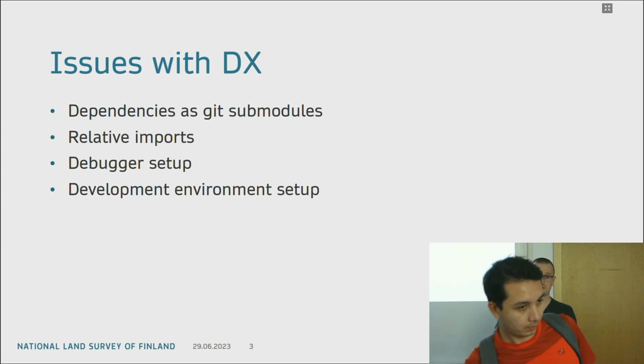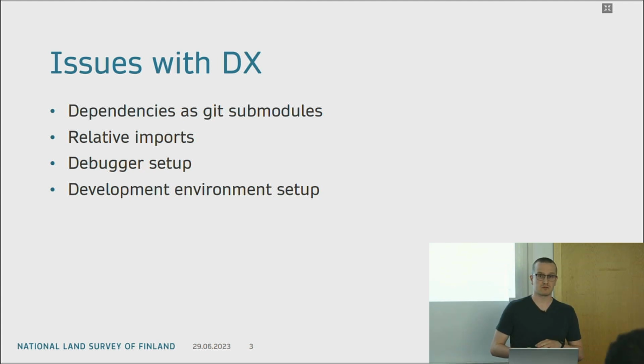And also there's the debugger setup. When you want to debug a QGIS plugin, we have often duplicated the code in our plugin package before the class factory method, so that we set up the debugger there. And also the development environment, so that you get QGIS running with your plugin and ready for development.